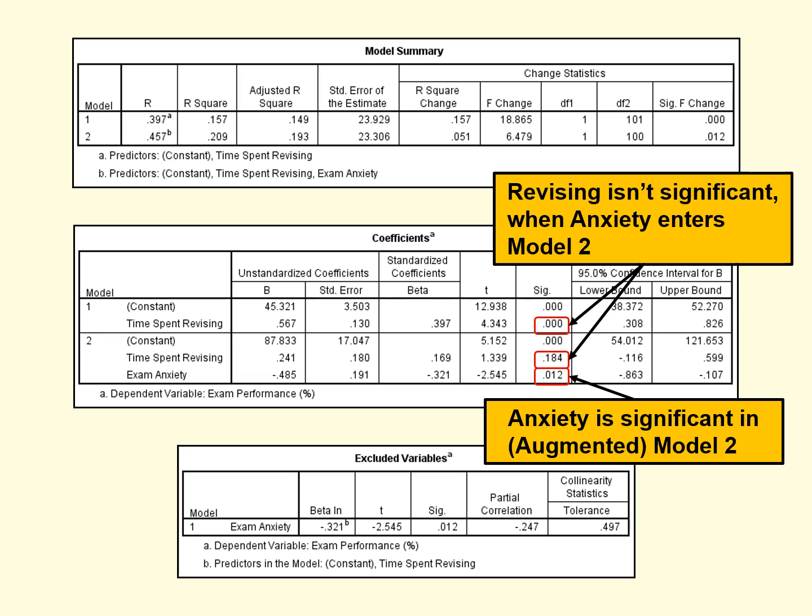By itself in model 1, it is a significant predictor. You can see the significance level for the t-test associated with that one regression coefficient, the slope for time spent revising. It's significant in model 1, where time spent revising is by itself, but in model 2, once exam anxiety enters the model, it is no longer a significant predictor of the outcome variable.